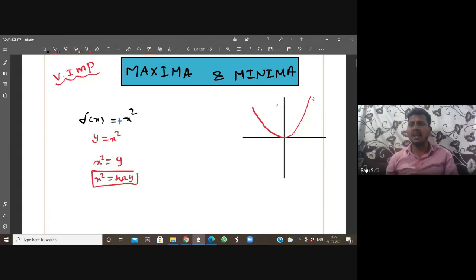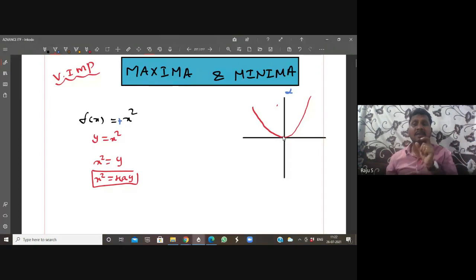If we extend the graph, it tends to infinity. Infinity is neither maximum nor minimum, because in maxima and minima we are finding a finite value. Since it tends to infinity, the maximum value is infinity.